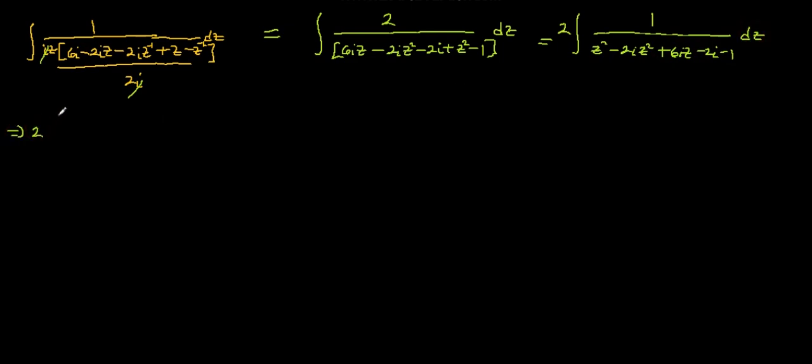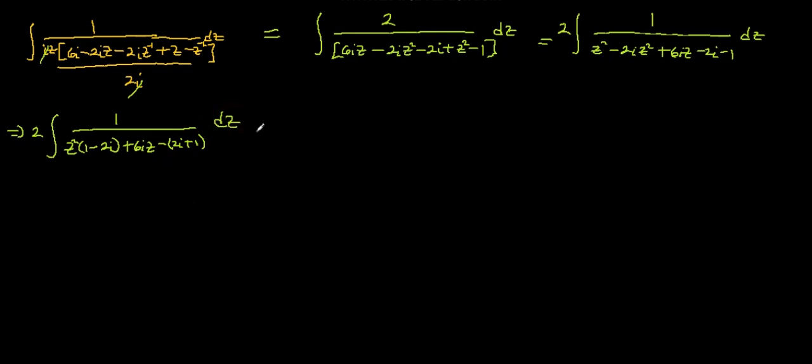So this is 2 integral of 1 divided by z squared times 1 minus 2i, plus 6iz, and minus 2i plus 1 dz. So this is what we have.